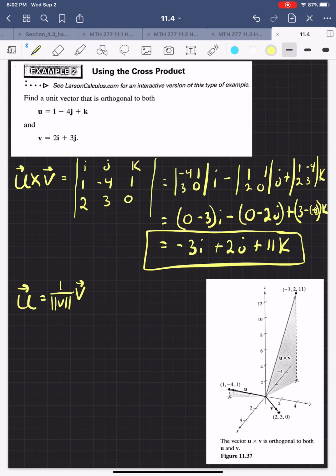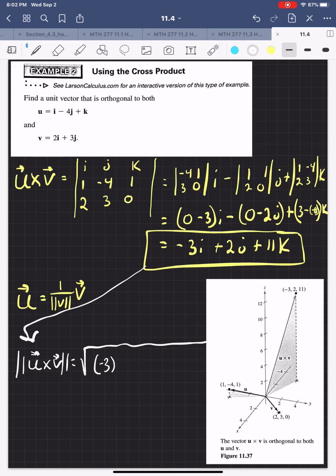I need the magnitude of this new vector. And that's just going to be the square root of negative 3 squared plus 2 squared plus 11 squared. So that's equal to the square root of 134.